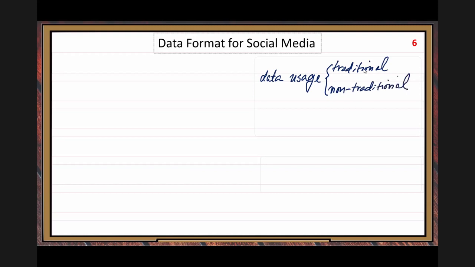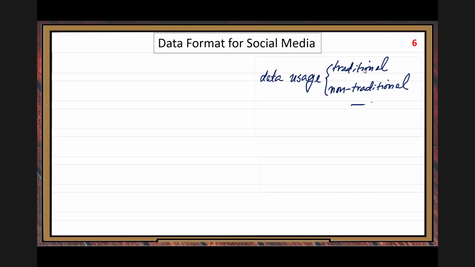The main difference for non-traditional: we know there is a huge community, right, that keeps posting data in social media.